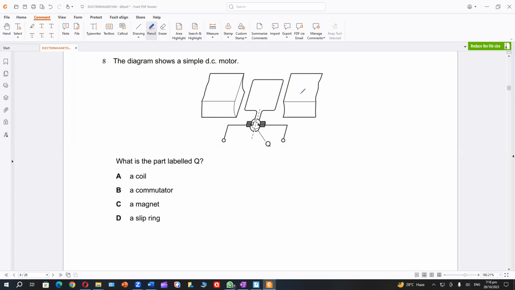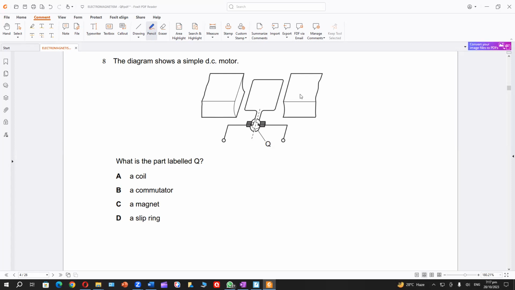Look at the diagram and tell me what the labeled part is.